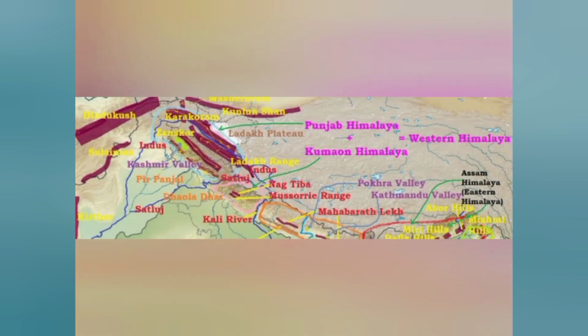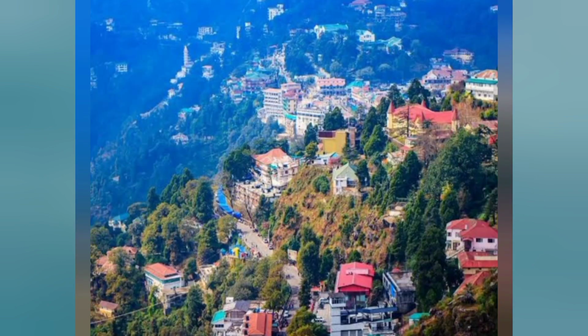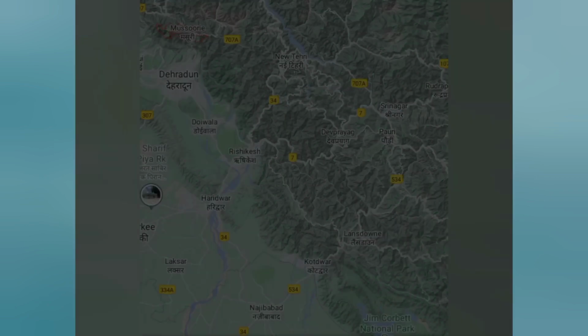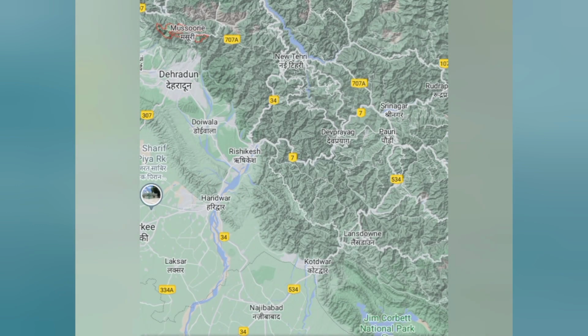The Middle Himalayas are marked by the Mussoorie and the Nag Tibba ranges if we see further east. The Mussoorie range has an average elevation of 2,000 to 2,600 meters and runs over a distance of 120 kilometers from Mussoorie to Lansdowne.